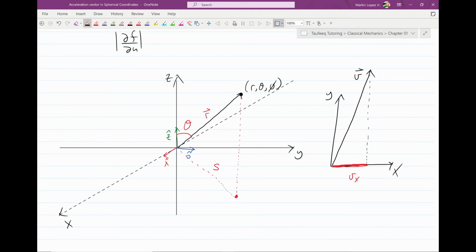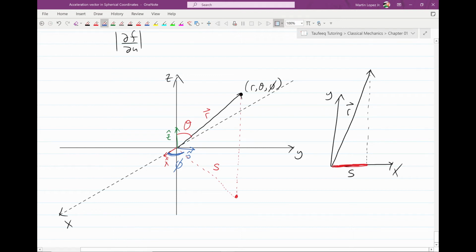And this is our vector. So in our example, this is r, and this is s. Now, what is phi? Phi is the angle between the x-axis and s.